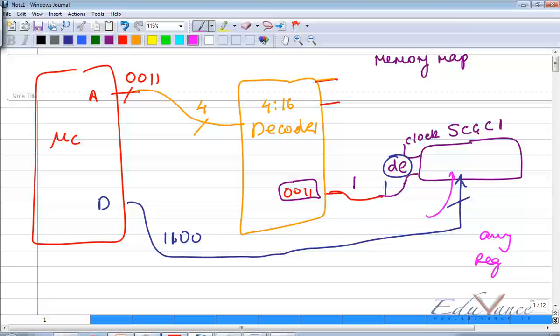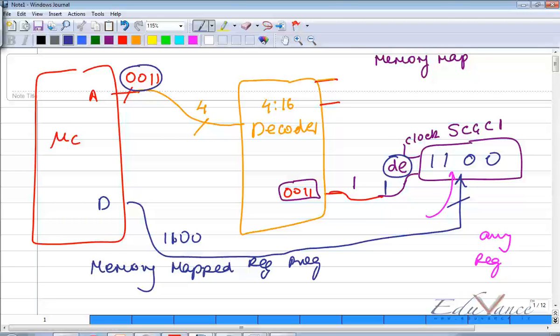So when we put 0011 on the address bus, it gets decoded, the data enable is then generated, and the value 1100 is written into the register. So this is to give you a rough idea of how memory mapped register programming works. At the end of the day, all the microcontroller is concerned with, and when I say the microcontroller, it is you as the programmer, is memory locations.